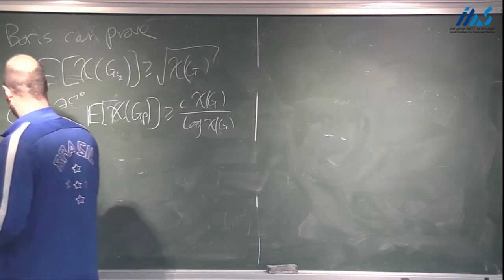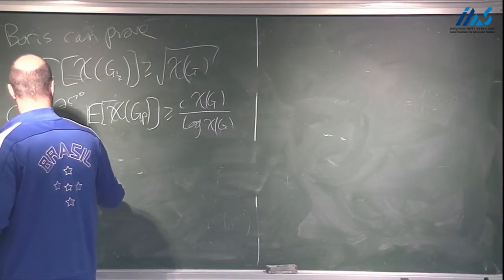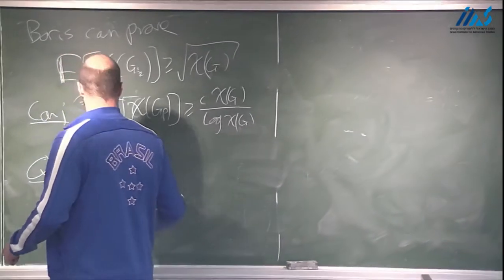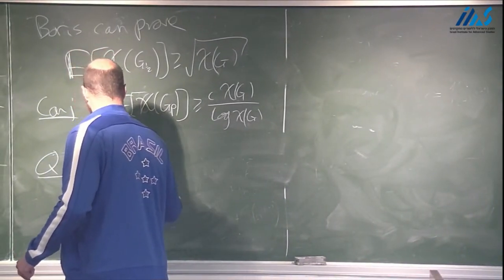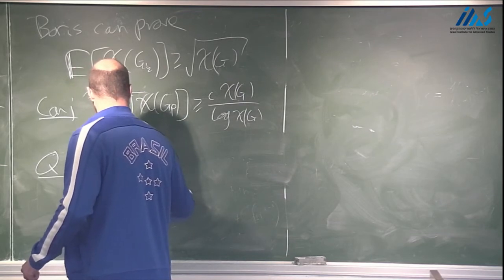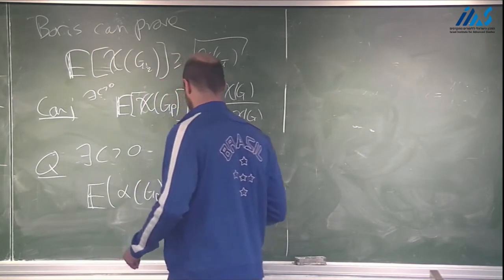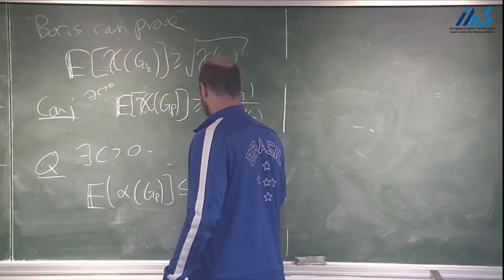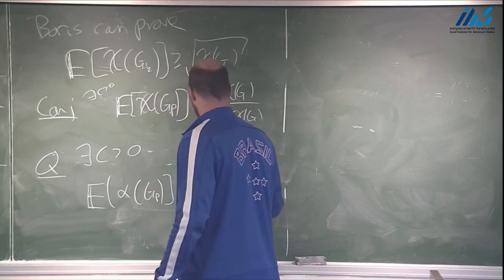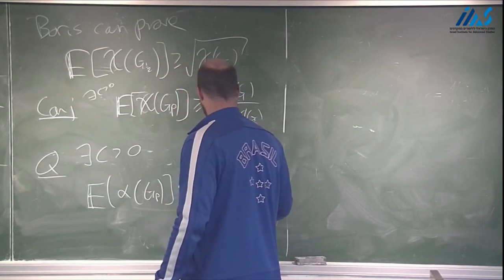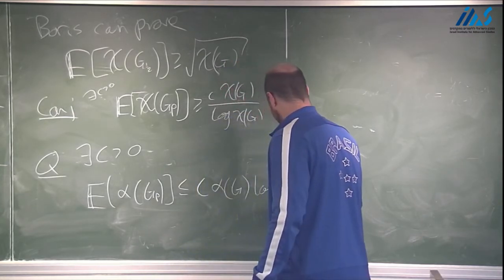You could ask: does there exist a constant such that the expected value of the independence number of G_p is at most this large constant times the independence number of the original graph, maybe times log of the chromatic number?